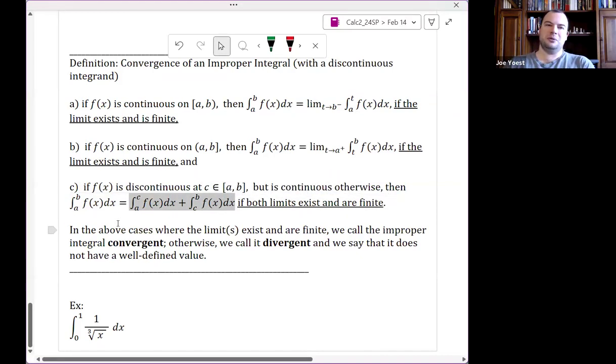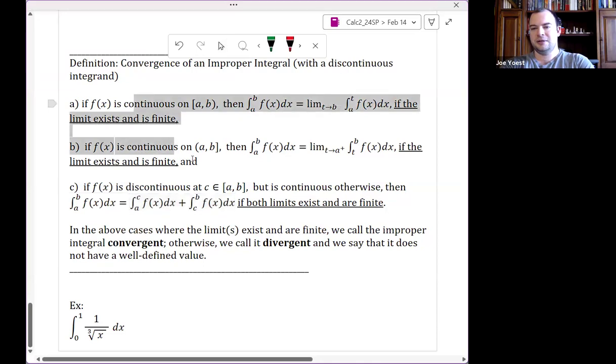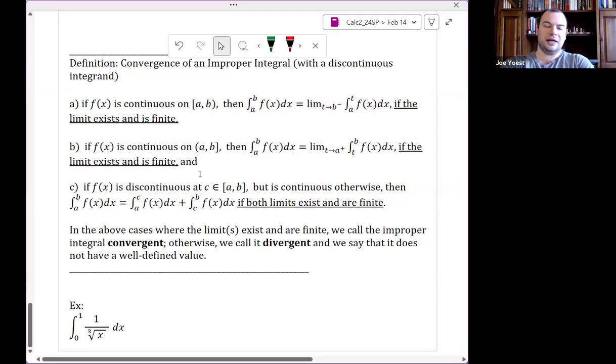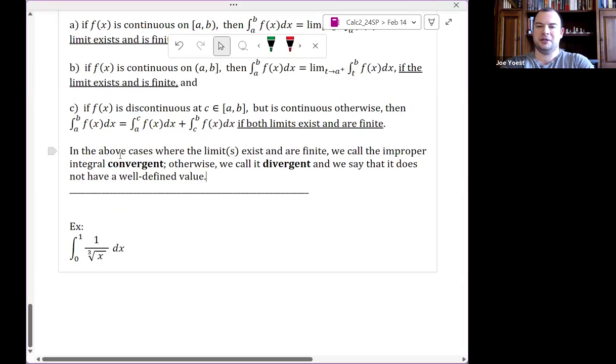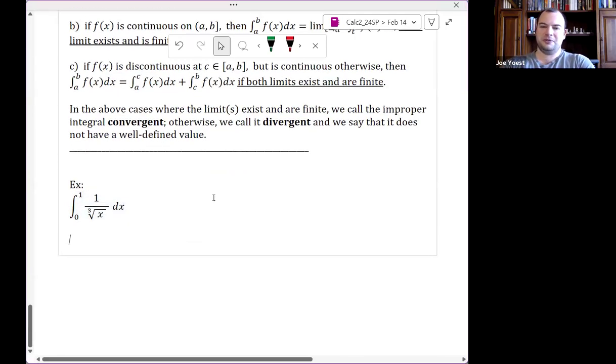Here it is important where we break. Before it wasn't really important where we break because the problem points were way out at the ends, the infinities. Here it is important where we break. We break it at the point of discontinuity into two integrals, and then we evaluate each of these integrals like the ones above in a and b. And similar vocabulary, convergent and divergent, depending on whether these limits exist and are finite.